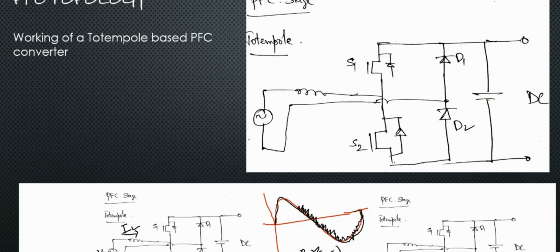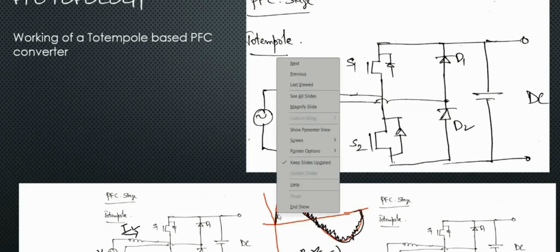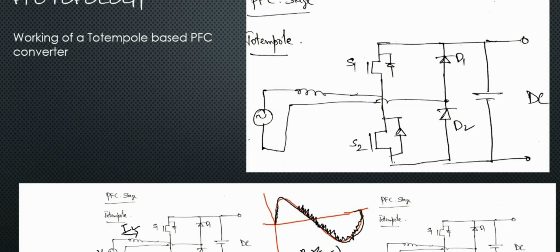How good the ripple around here is going to be depends on how good the PI loop is. So modulating the PI loop is quite important. What the frequency of this switching should be is very important as well. But more or less, the PI control is what decides how good the output is going to be.